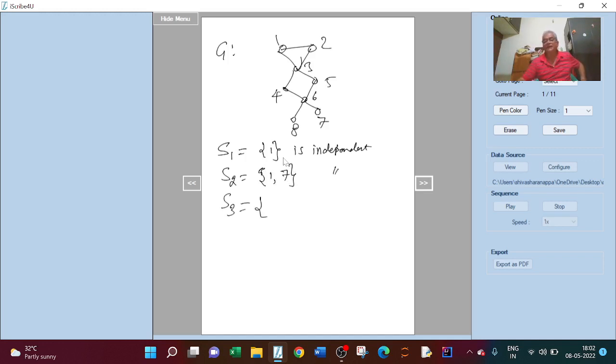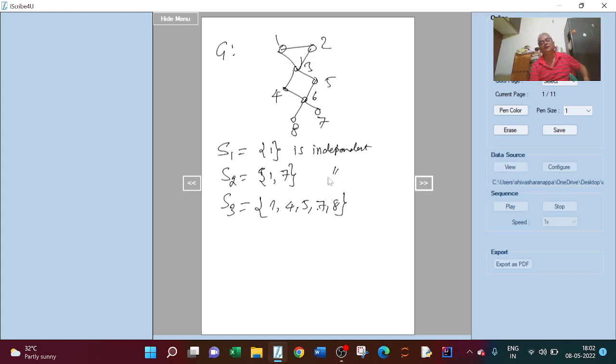Next, I will go for S3. S3, I will take 1, 4, 5, 7, 8. Is this independent? I think yes. 1, 4, 5, 7, 8. No two vertices are adjacent here. 1 is not adjacent with 4, 5, 7, 8. 4 is not adjacent with 5, 7, 8. 5 is not adjacent with 7, 8. 7 is not adjacent with 8.